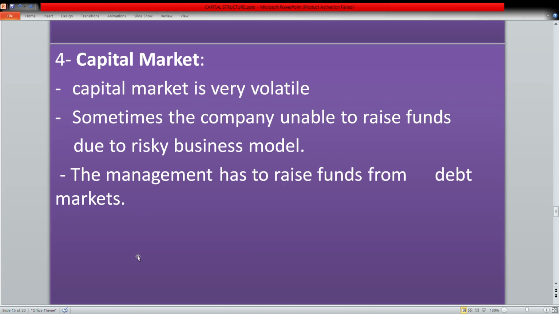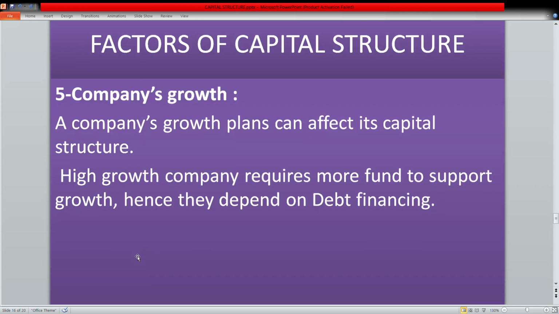Then the next point is your company's growth. A company's growth plans can affect its capital structure. The high growth company require more funds. Hence, they have to depend on the debt financing. A low growth company may depend on equity.